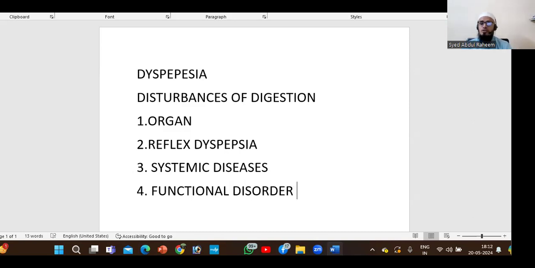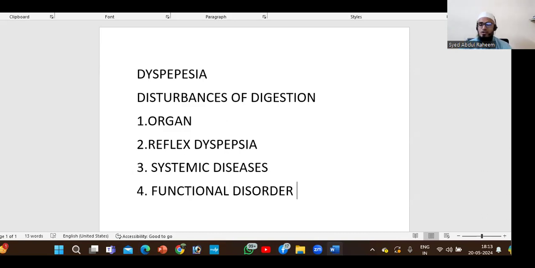What is functional disorder? Functional disorder means your food eating habits, or you have any particular habits. Due to those habits, your stomach is not doing digestion properly.